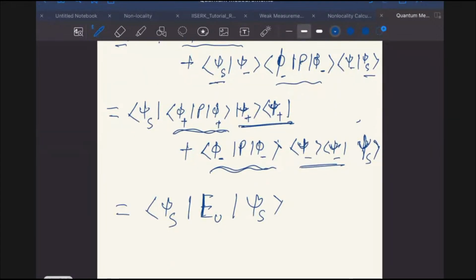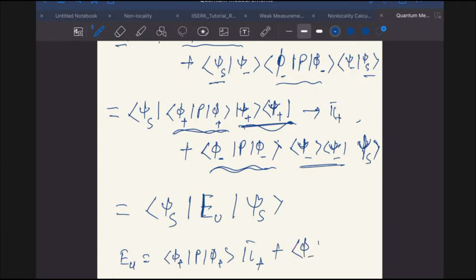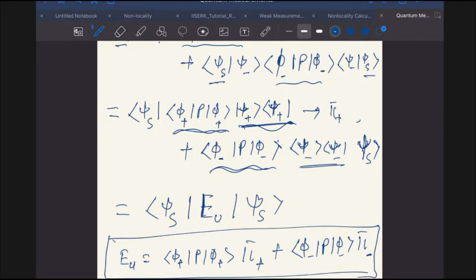So what is E_U? E_U is this whole thing: some pi plus P_U pi plus, some projector pi plus, and then pi minus P_U pi minus. This form of the POVM is now very important.